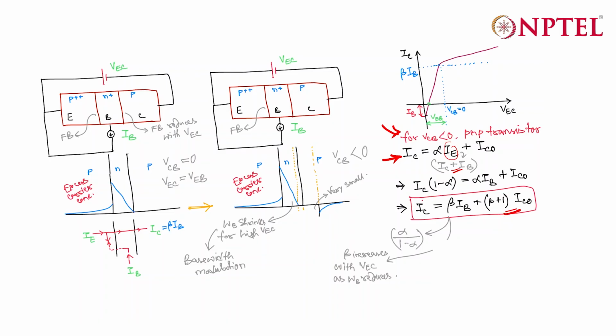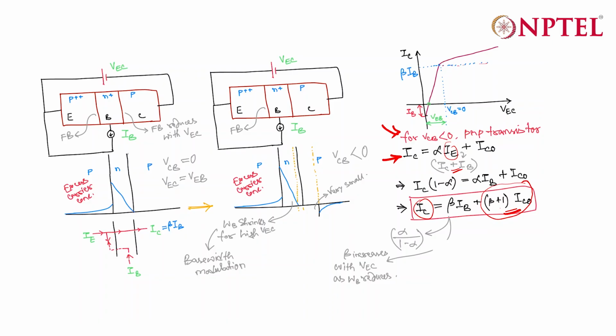So your IC should be constant when your VCB is less than 0. That means when you increase the VEC to a point, when a collector junction goes in reverse bias, it should be constant. Anyways, your (beta plus 1) ICO should be very, very small, because ICO itself is very, very small. We described it. So it should be constant.